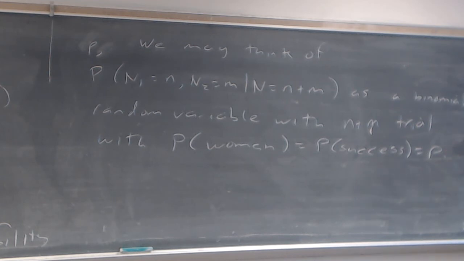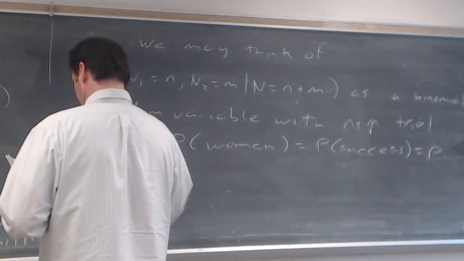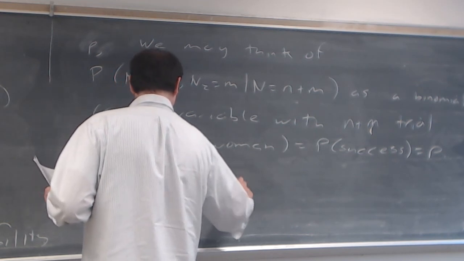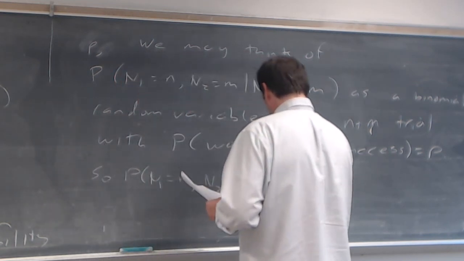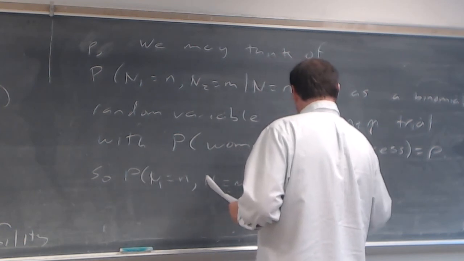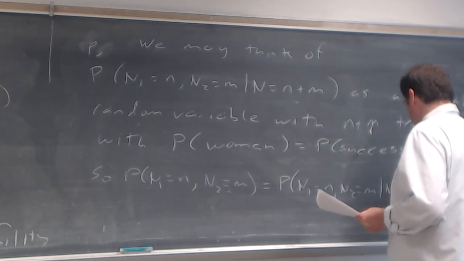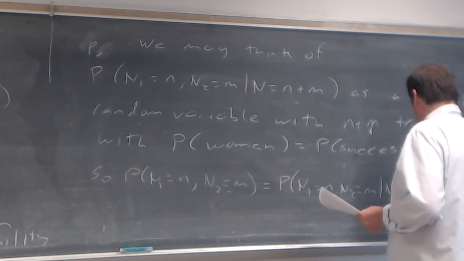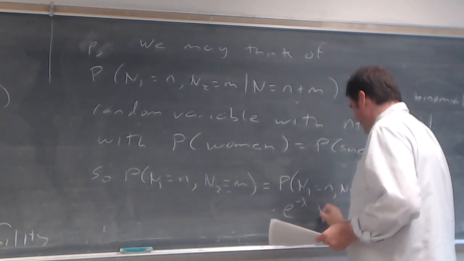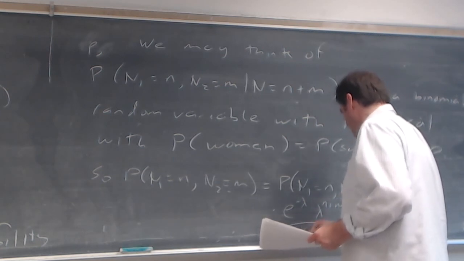All right, so, the original question: the probability that n sub 1 equals n and n sub 2 equals m, which we now know to be the probability that n sub 1 equals n and n sub 2 equals m, given N equals n plus m, times e to the minus lambda, lambda to the n plus m, all over n plus m factorial.